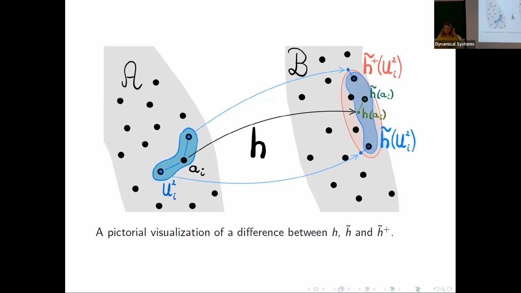So h tilde is a collection of 3 points in this case? Yes. We also consider, a bit technically, what happens if, for example, two points in the time series approximate this h of a in the same way.